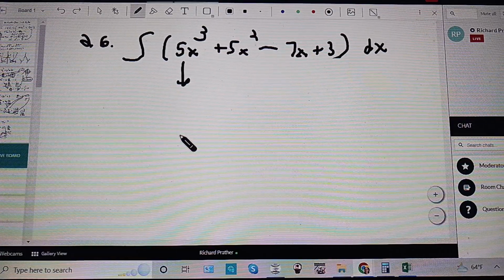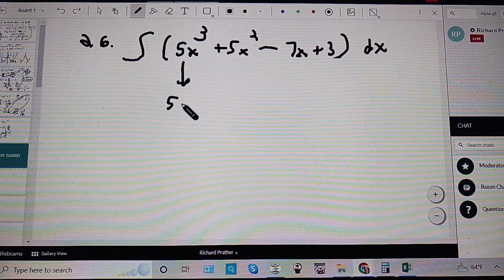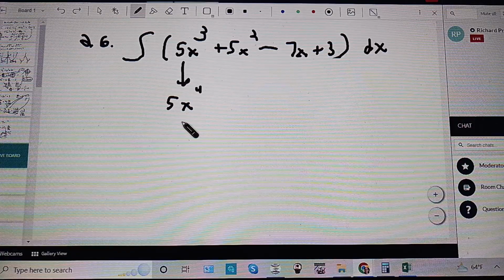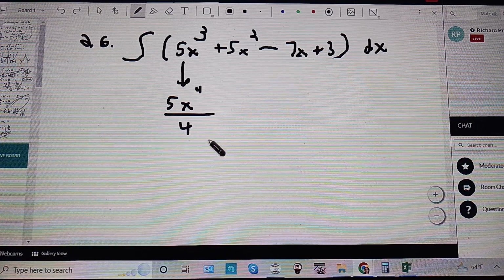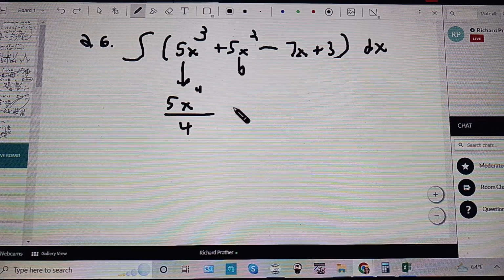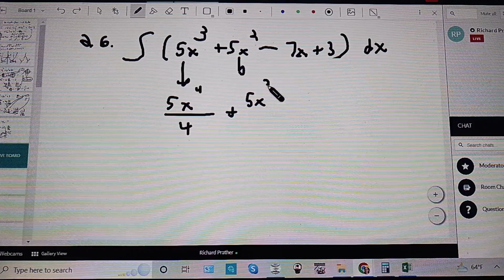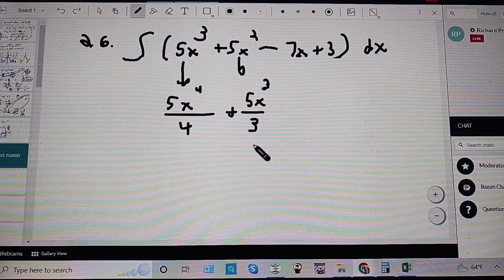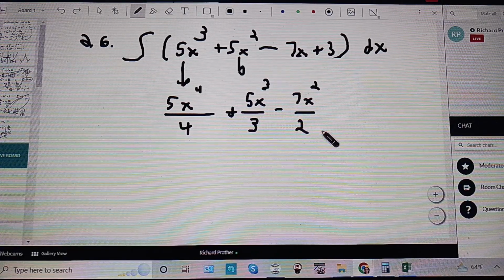In derivatives, you do the exponent times the constant, and then you decrease the exponent by 1. Here it's reversed. You increase the exponent by 1, and then you divide by that exponent instead of multiplying it. And do that each term. So start off with your 5x, increase the exponent by 1, and divide by the new exponent. Minus 7x, increase the exponent by 1, divide by the new exponent.